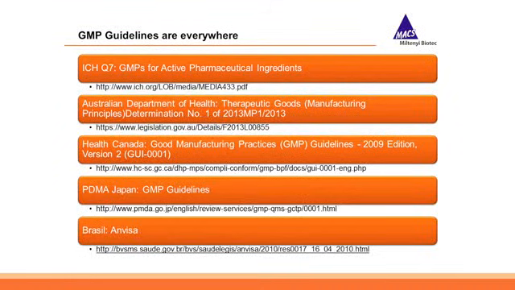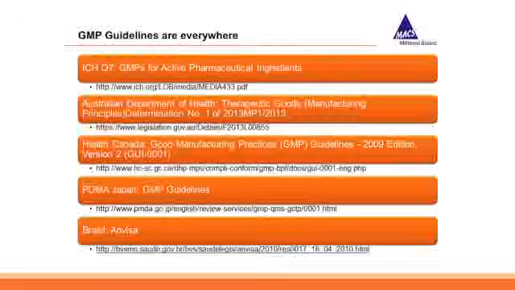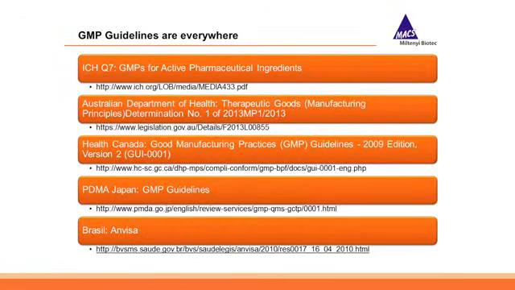There are GMPs formulated by the Australian Department of Health. Health Canada has issued guidelines, but it's not only the Western world, also in Japan there are GMP guidelines. And we do see more and more other countries issuing guidelines on how to manufacture drugs under good manufacturing practices.